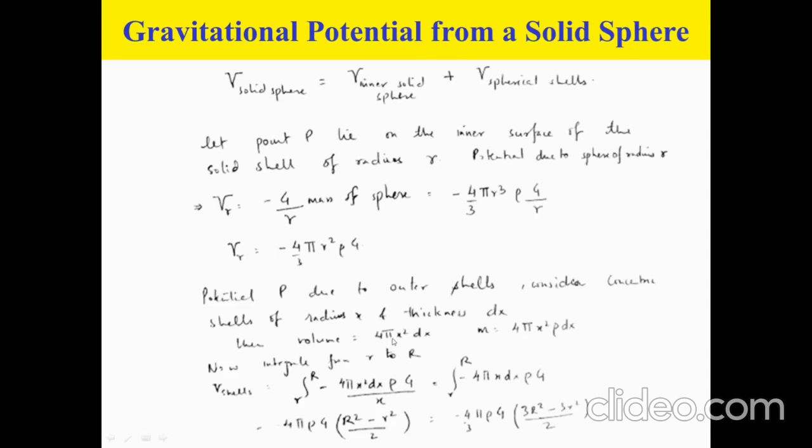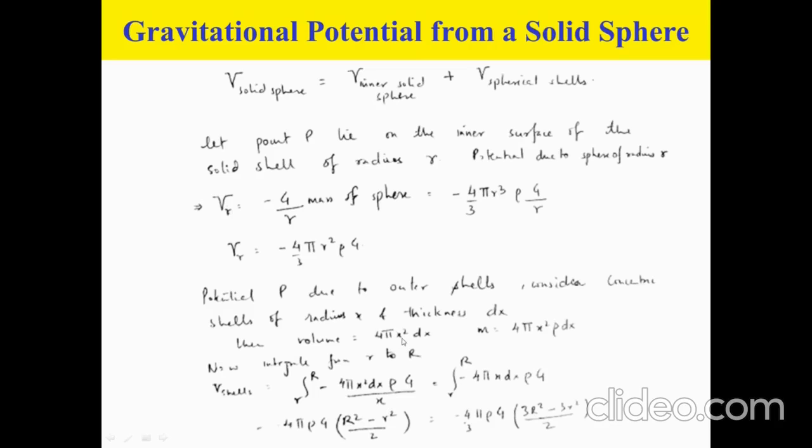We will have a volume of 4π x², and we change x all the way from small r to capital R, and when we integrate this volume, we get the entire volume of this thick shell that is creating the potential.